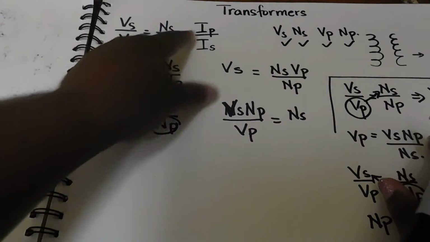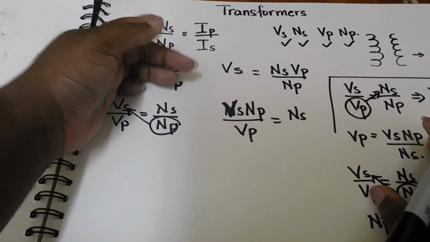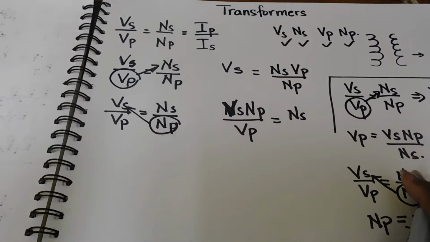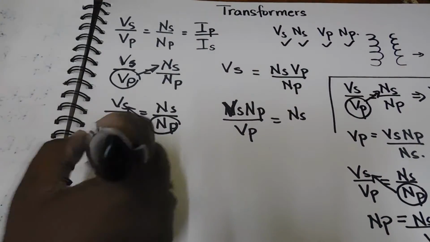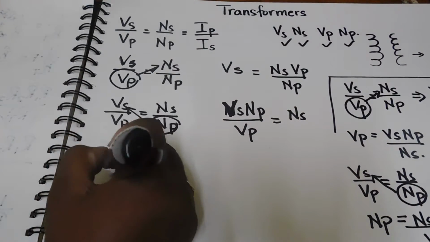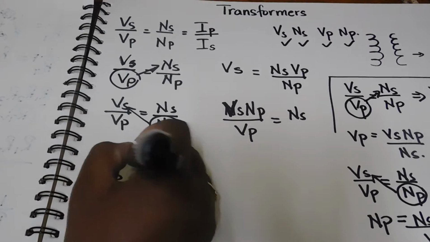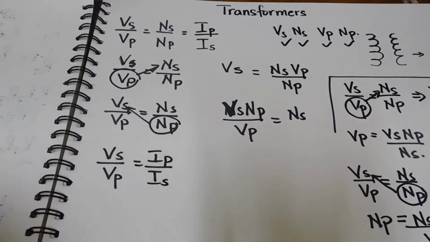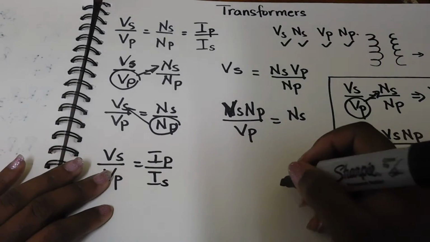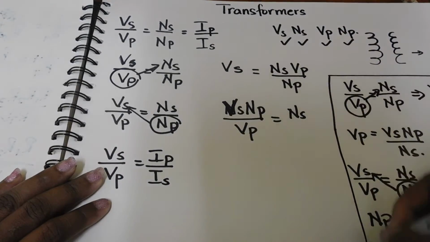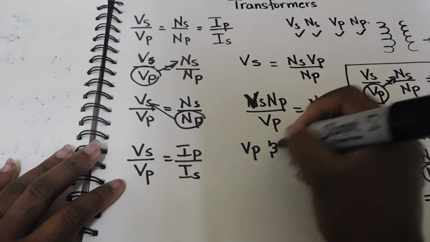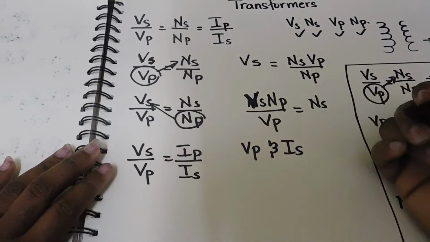You could try that with IP and IS. They'll be all the same thoughts, and I'm going to show you one way to do it. I'm going to say VS over VP equal to IP over IS. And maybe we could solve for the denominators here, so we'll solve for VP and IS, because those are usually hardest.